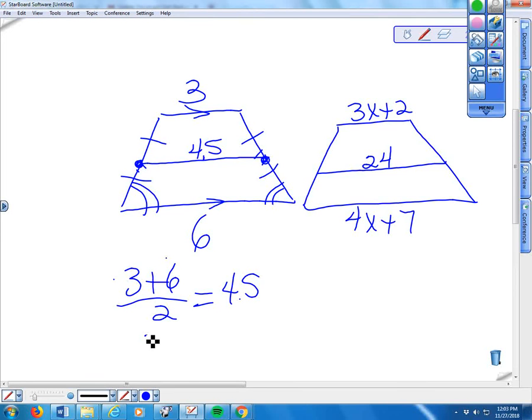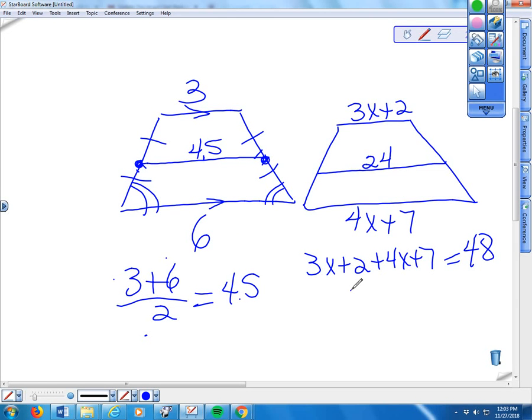Okay? So you would do 3x plus 2 plus 4x plus 7, and I could either divide by 2 here or recognize that dividing by 2 on this side is the same as multiplying by 2 on the other. I don't want to confuse you if that was too big of a jump, but a lot of times if I have a variable expression over 2, it's more complicated to me than just having a single variable expression equal to a number on the other side.